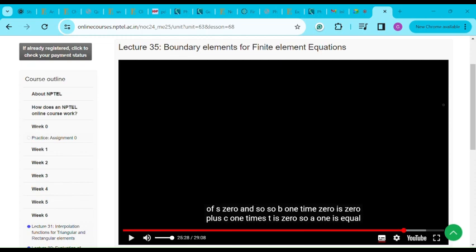Yes, del dot sigma is 0, right? So this will have 3 equations.